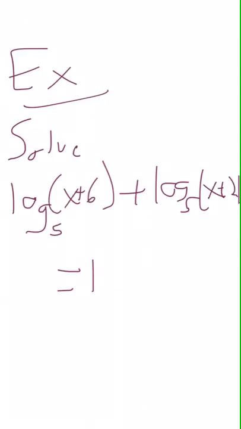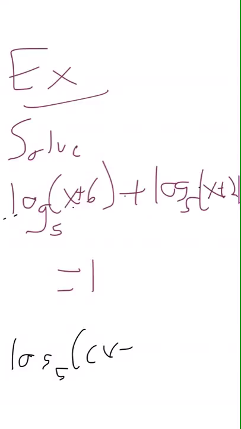Log base 5 of x plus 6 plus log base 5 of x plus 2 is equal to 1. So if we're adding these logarithms, that means we can multiply them and combine them into one log.